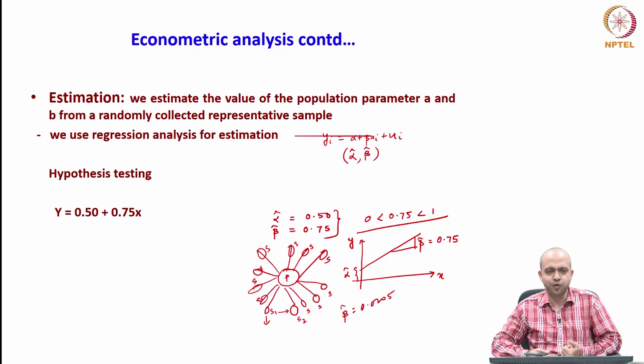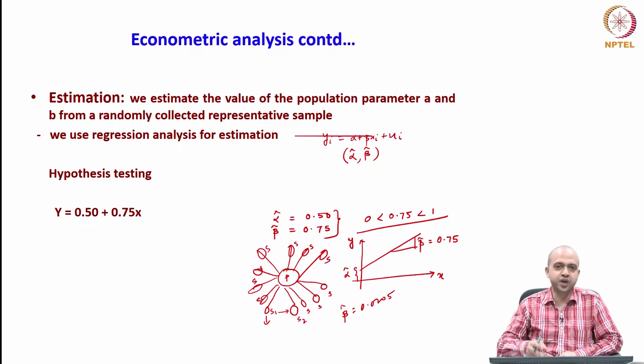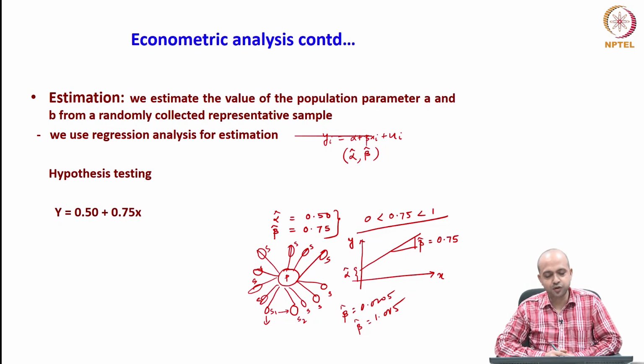You have drawn one sample and in that sample it is 0.75, while there is no guarantee that in the next sample of 200 individuals, beta hat will again come out as 0.75 or 0.70 or 0.80, or it may even be 1.005 in the next sample. That means I cannot rely on the estimate that I got from only one sample.